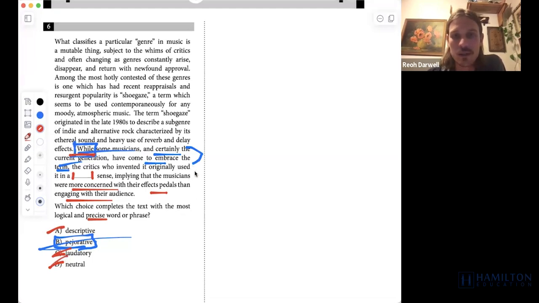Because to embrace something unexpectedly requires for that thing on the other side to be the opposite of what you would expect, which would be the opposite of positive. Okay, so logic at play here, and probably the need to study more vocab. And that wraps us up with our first set of words and context for our first module here.